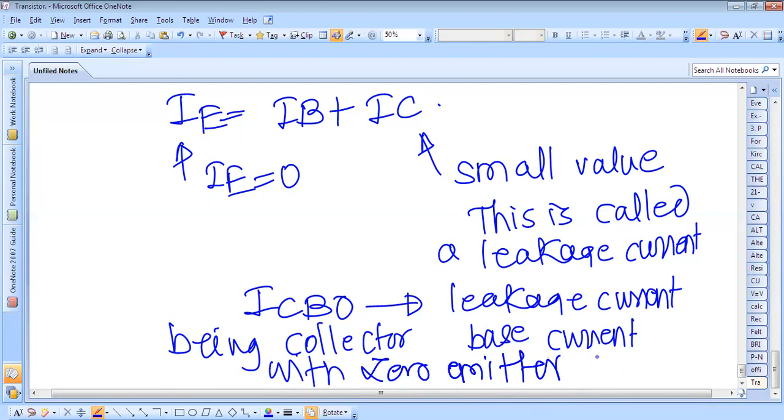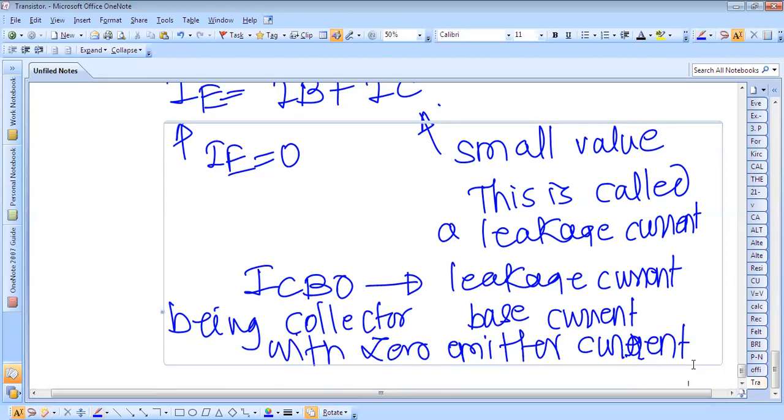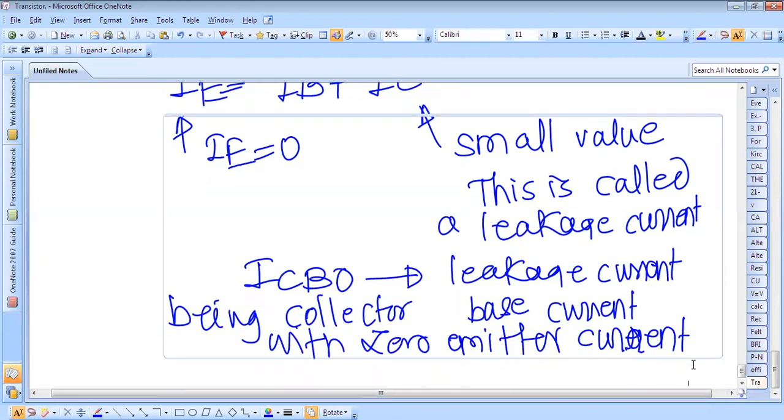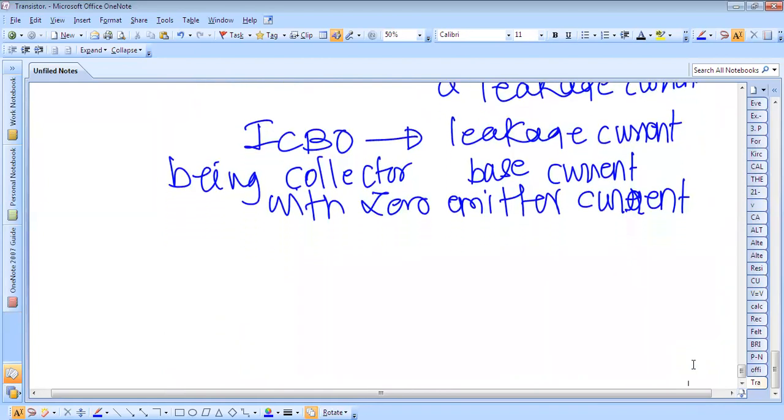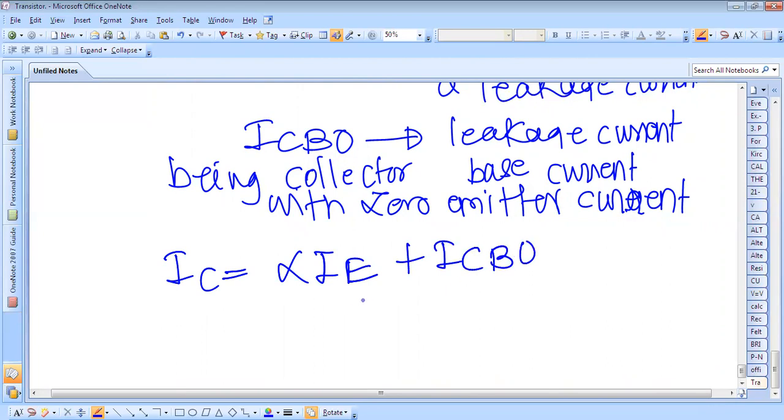With zero emitter current. Okay, so now even if you reconnect the emitter circuit, this current is not going to become 0, therefore we can write collector current is equal to alpha IE plus ICB0, and you know the emitter current is nothing but base current plus collector current.